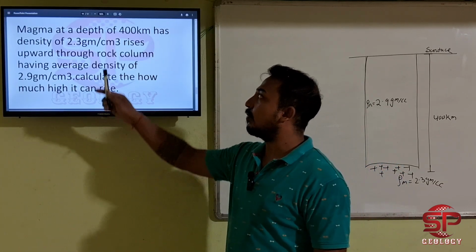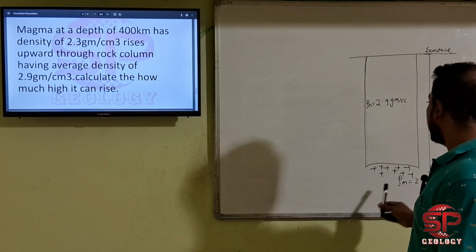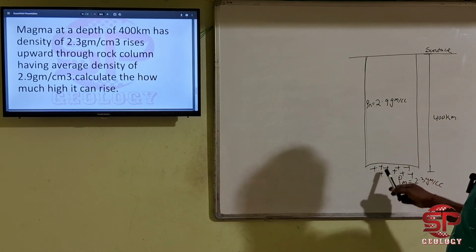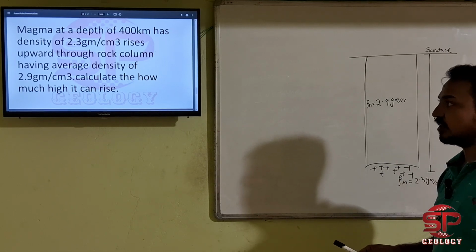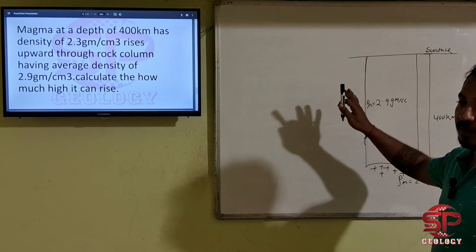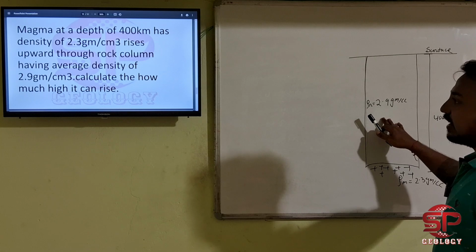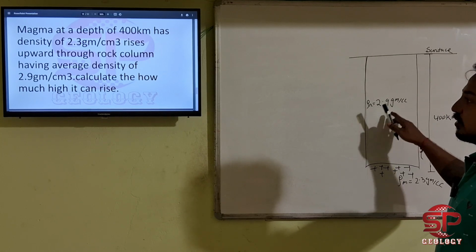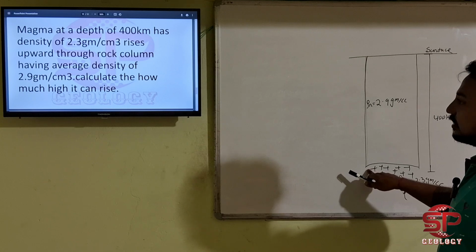Now, magma at a depth of 400 km has a density of 2.3 gram per cc. It is rising through a column of rock having density 2.9 gram per cc. You have to calculate how high it will rise from this depth.